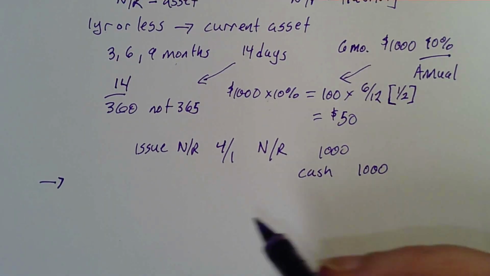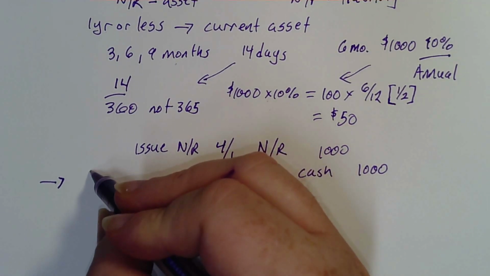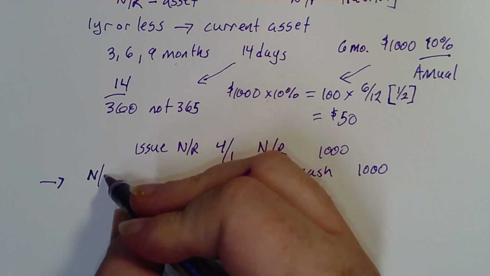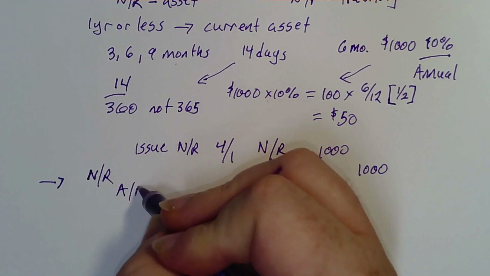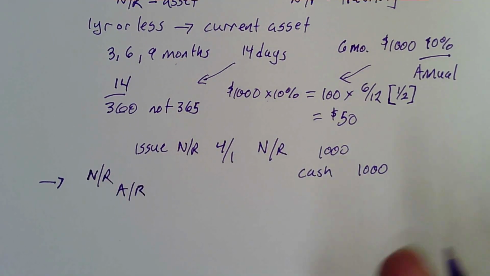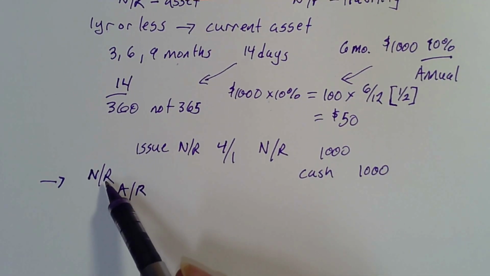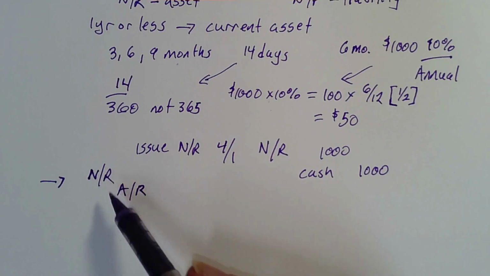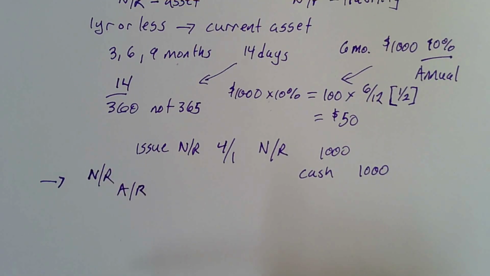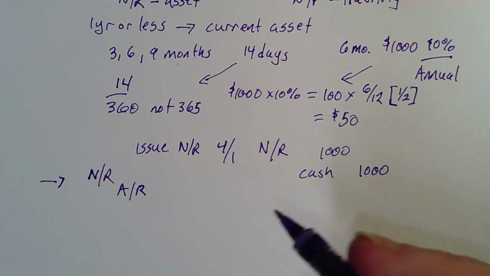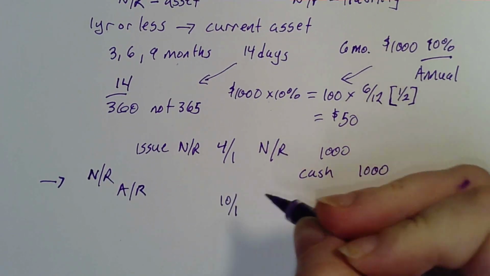So rather than being cash, sometimes when we convert an accounts receivable into a note, it'd be NR from an AR. It'd be the same thing. It's still cash as an asset, as an AR and as an asset, but we wind up with a notes receivable. So what happens 6 months later when they pay us back?